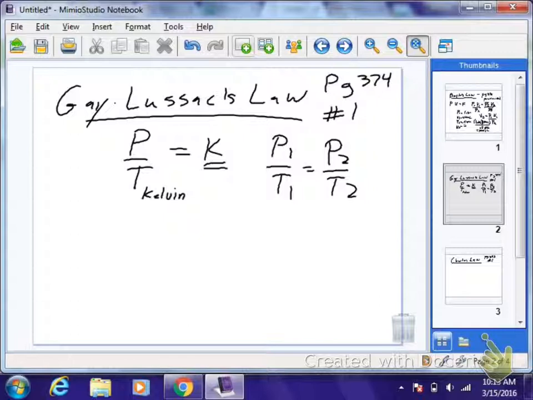I'm not going to change the form I'm going to give it to you in. But what you can do, knowing how to make this easier to set up, what I would do is I would cross multiply these symbols.